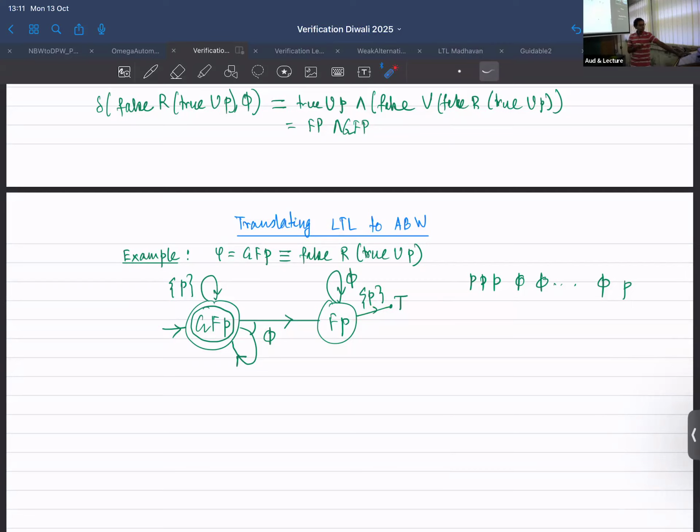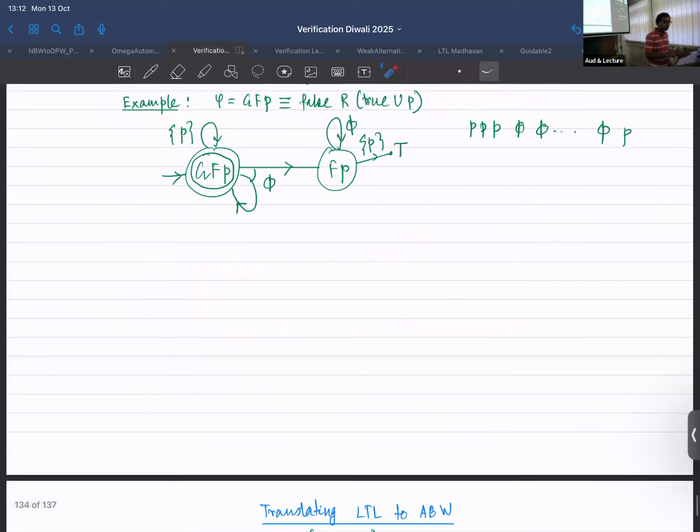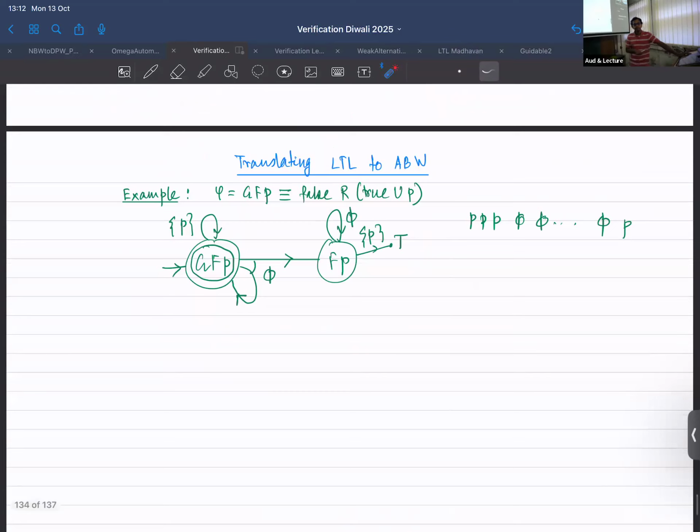You can try to draw the tree and see how the run tree for this alternating automaton looks like for different input words. Basically, each time it sees a p, it branches. So it will need to keep seeing p. You need to keep seeing the p's.